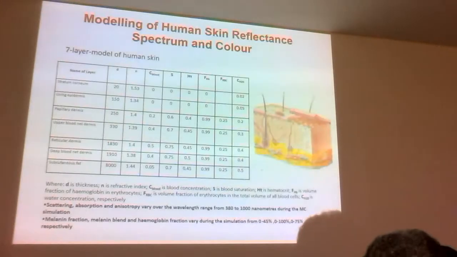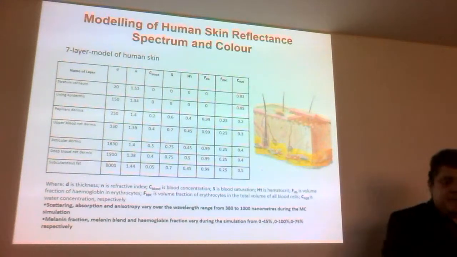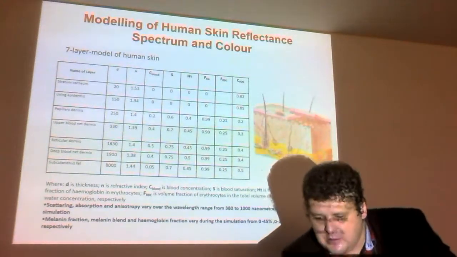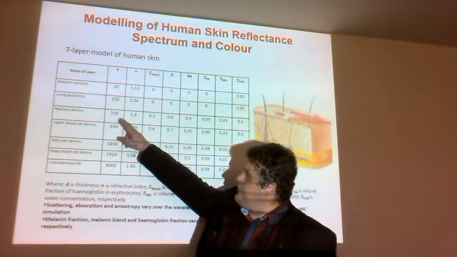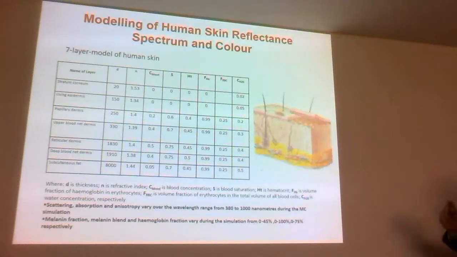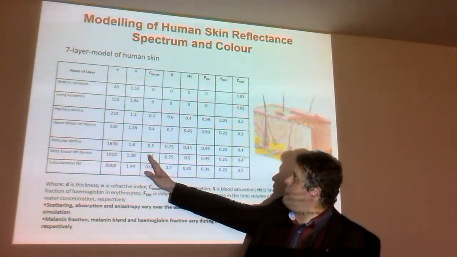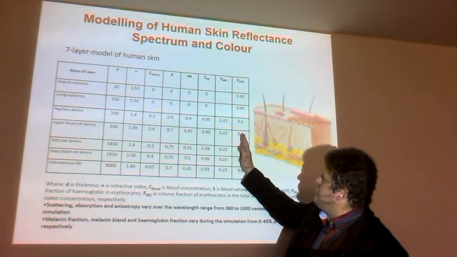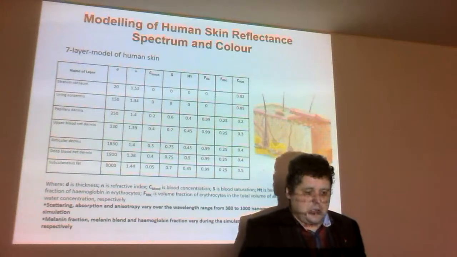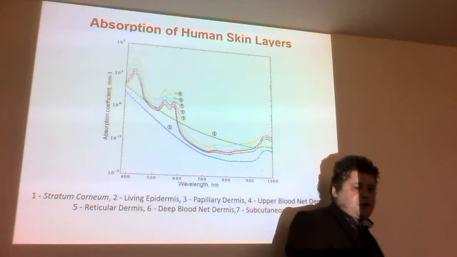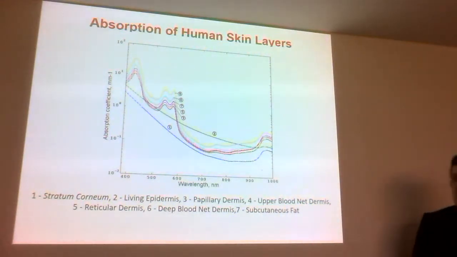Okay, so if I want to build the model, I'm able to estimate what chromophores, in terms of concentration, are placed in each layer, and I'm able also to roughly estimate the thickness, and with known concentration of blood, hematocrit in blood, so the concentration of water, separation of oxygenated, deoxygenated blood, we're able to count then what will be the absorption coefficient in each layer.